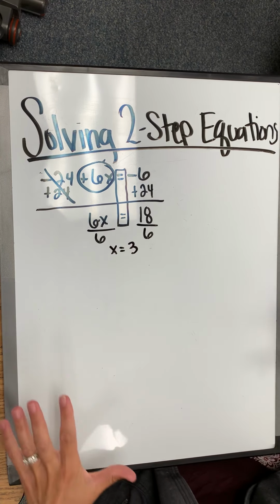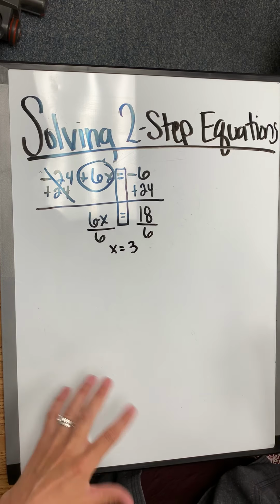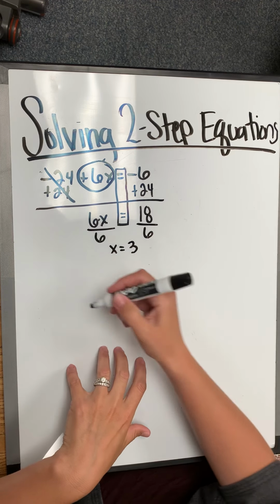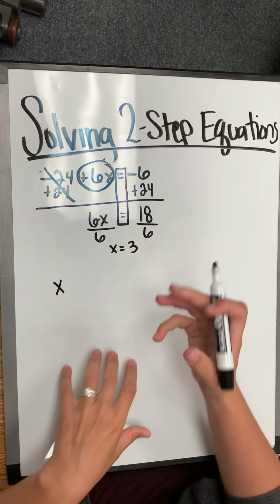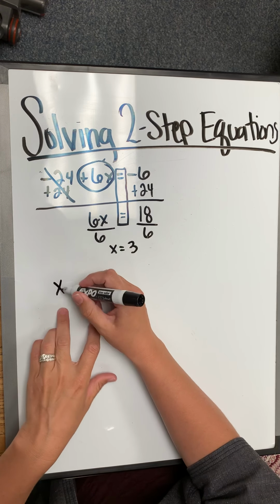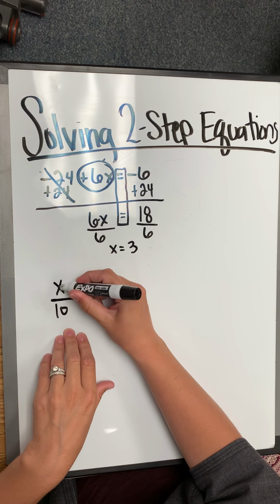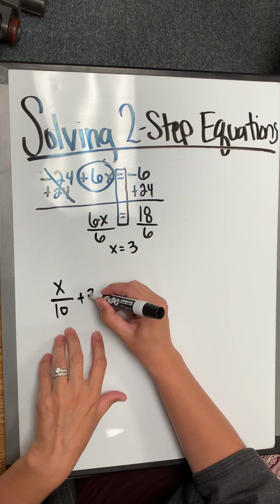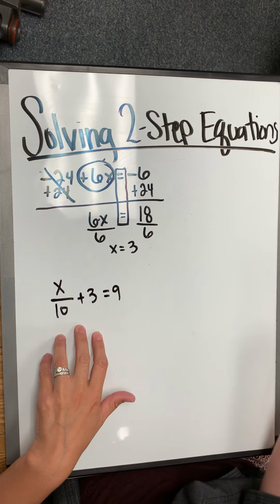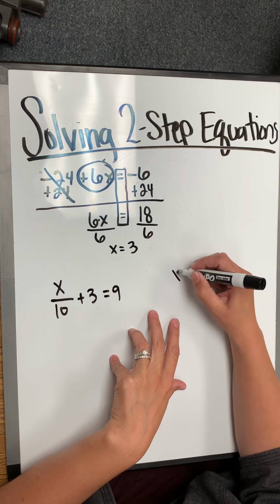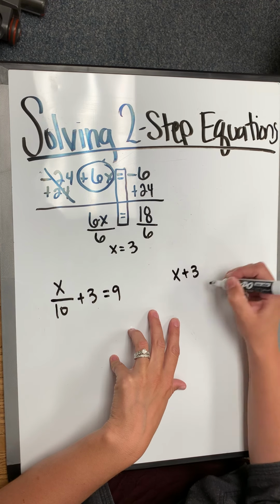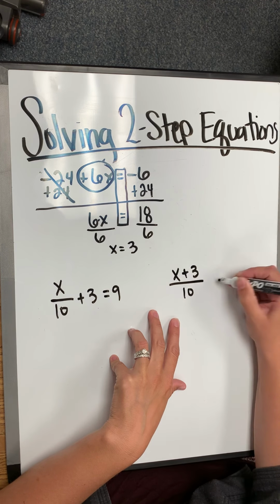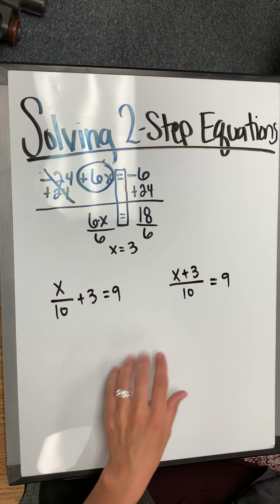Now the next two I want to show you because they have to do with division. And I want to show you the difference of what is connected to your variable. So x divided by 10 plus 3 is equal to 9 versus x plus 3 divided by 10 is equal to 9.